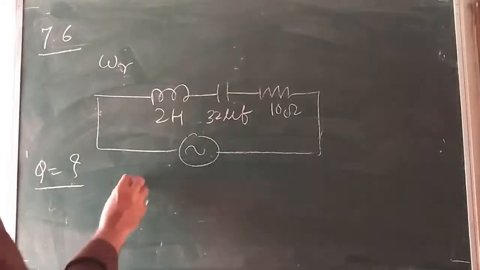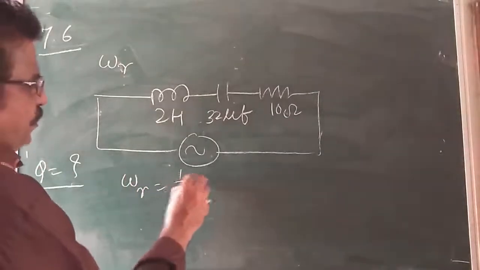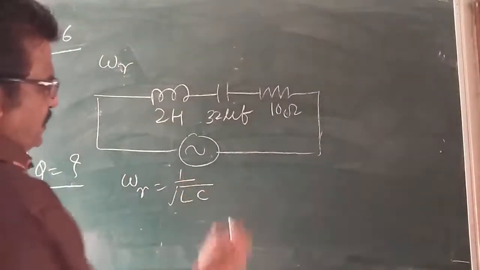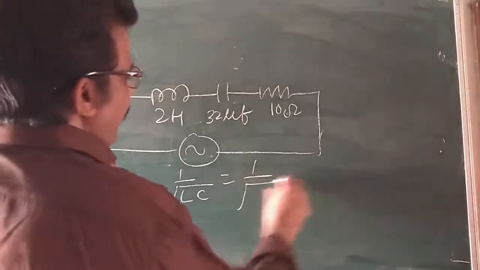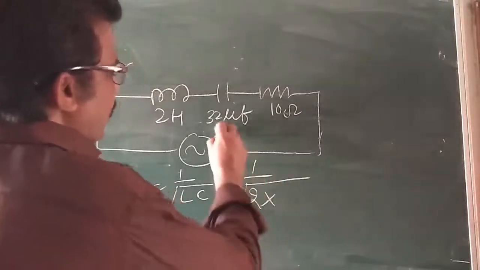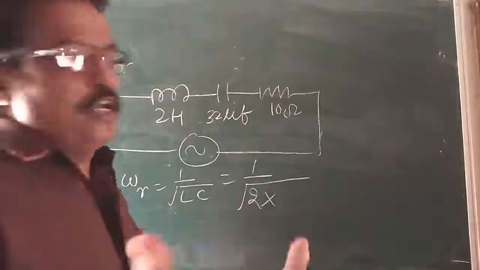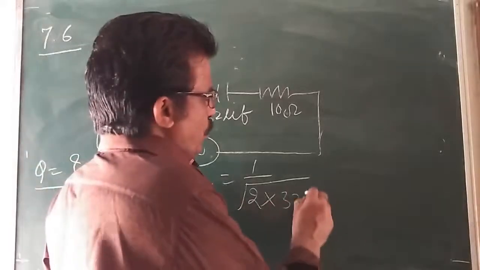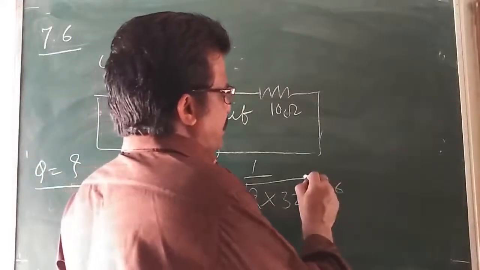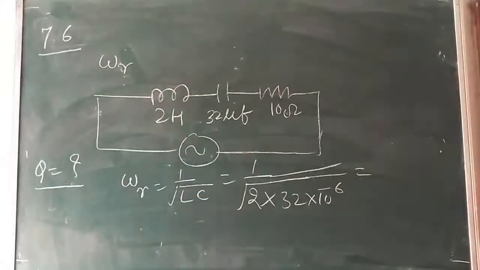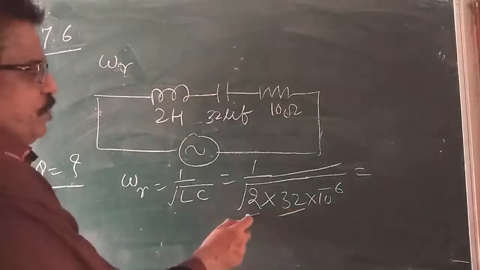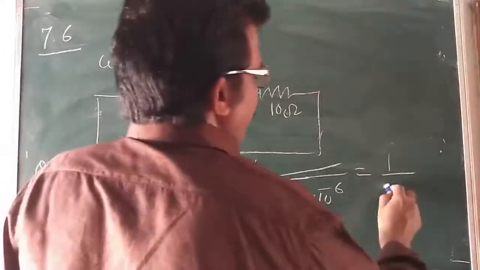We know the formula of resonant frequency omega R is equal to under root of 1 by LC. So we can write here under root of 1 by L is 2 and capacitance 32 microfarad. I told you just now that is 32 into 10 raised to the power minus 6 and solve it. So we are getting here 32 into 2, 64. Root of 64 is 8.